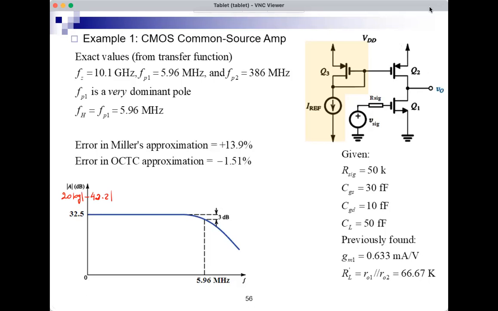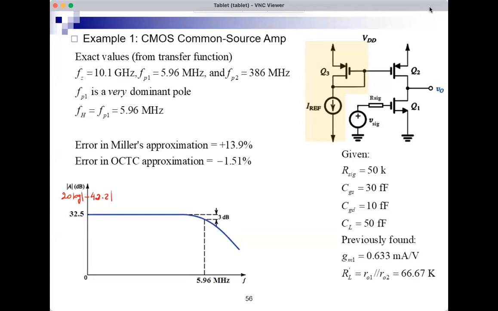So the error in OCTC was minus 1.5%, which is pretty good. And the error in Miller, on the other hand, is kind of large, almost 14%. And that's because we applied the Miller approximation, and that would give us this error.